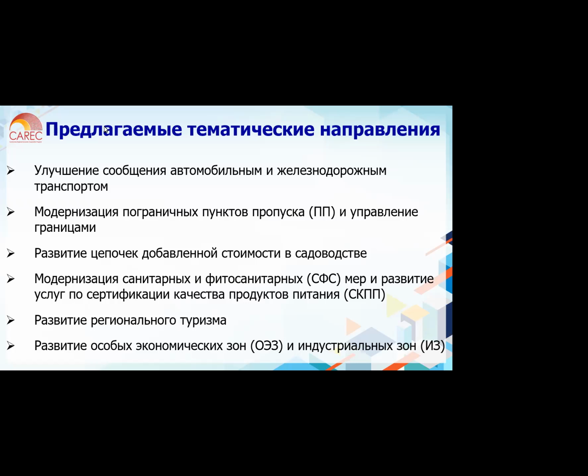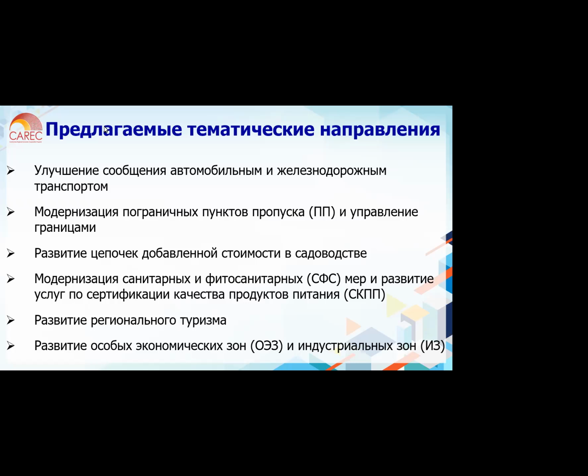For each of these areas, during the consultations and during the research, we have tried to define what problems we are currently facing, what the opportunities are to deepen the mutually beneficial cooperation within this economic corridor, and what the opportunities are to solve problems.